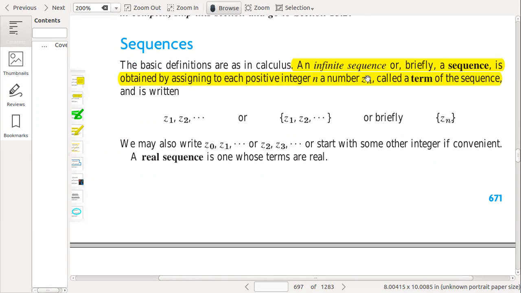It means there should be a one-to-one correspondence between the positive integers and the terms of the sequence.